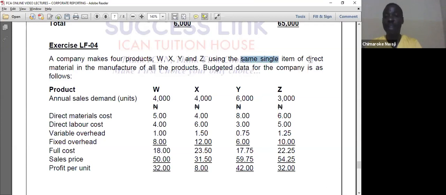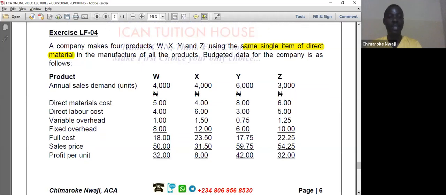Same single item of direct material. They are giving you the hint that materials is your limiting factor. Budgeted data for the company is as follows. They give you all of these, like we usually saw in that product example LF3. So they've given you similar things here.